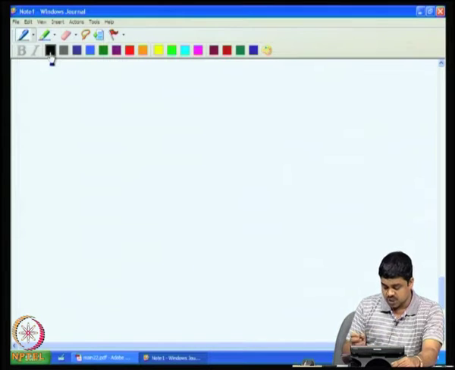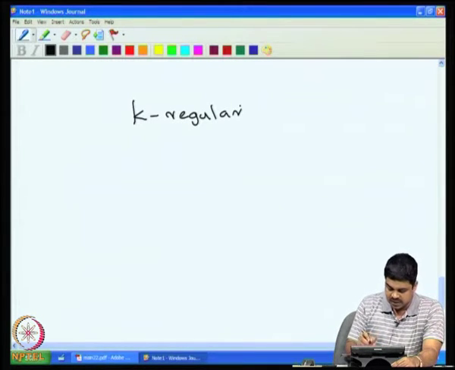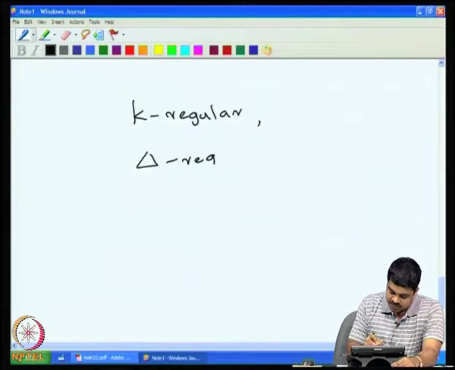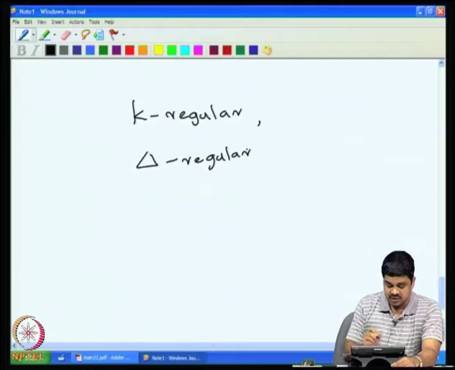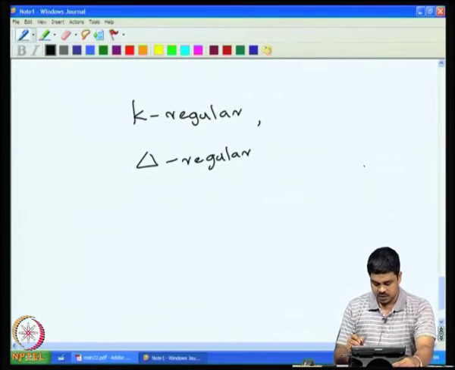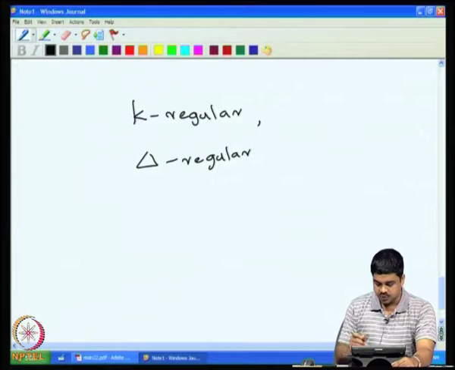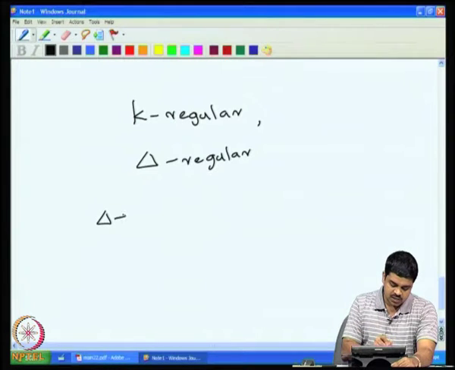In particular, we can show that if a graph is k regular, let us say delta regular, because the degree is equal for all the vertices and the maximum degree is the same, we will show that delta plus 1 colors are required.